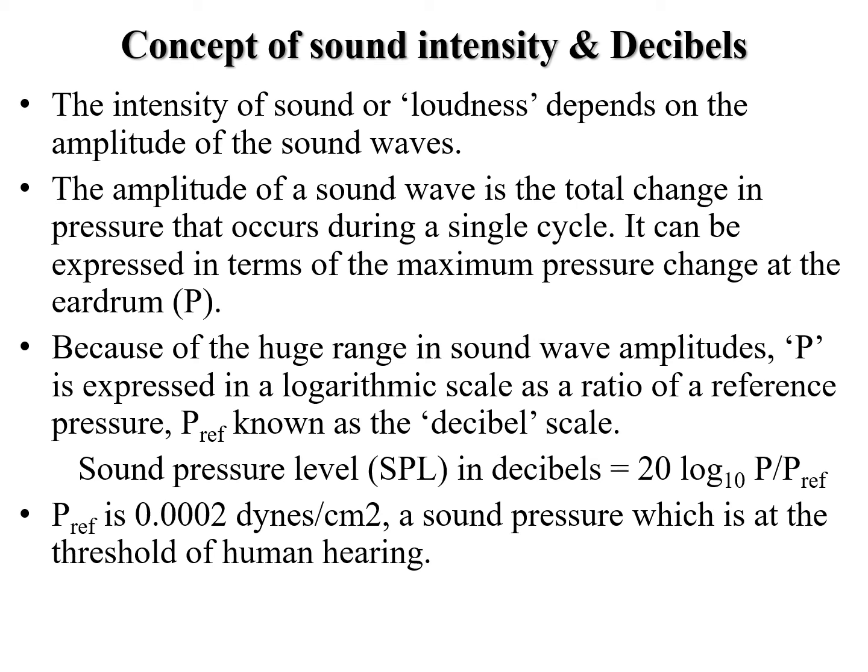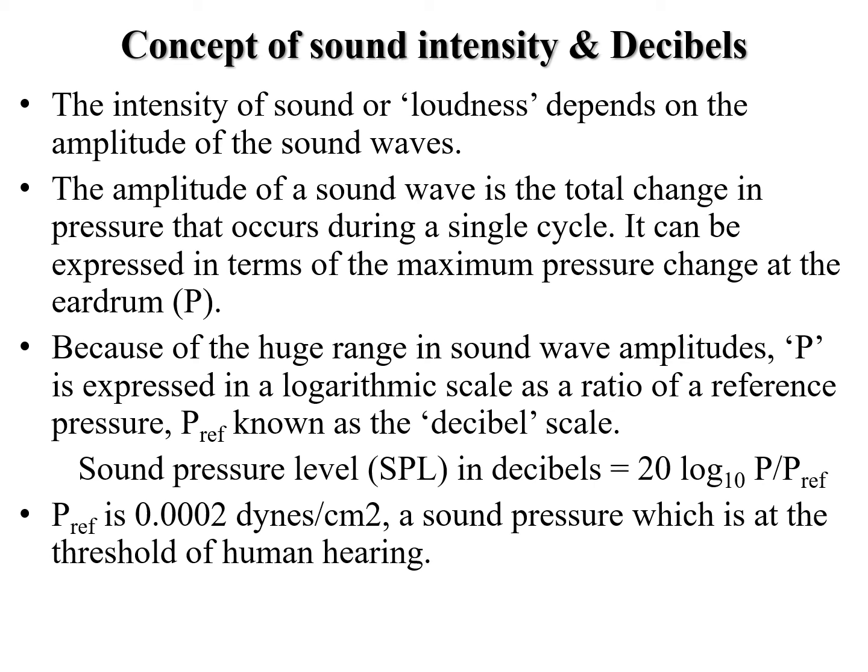Whatever tone is there, if it is producing a pressure less than this amount, human ear usually does not perceive it as a sound. So the P reference is again the threshold of human hearing.